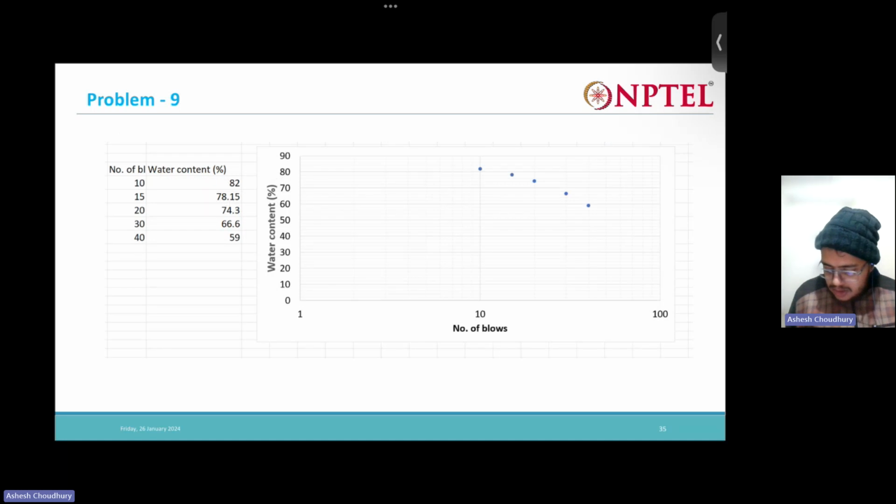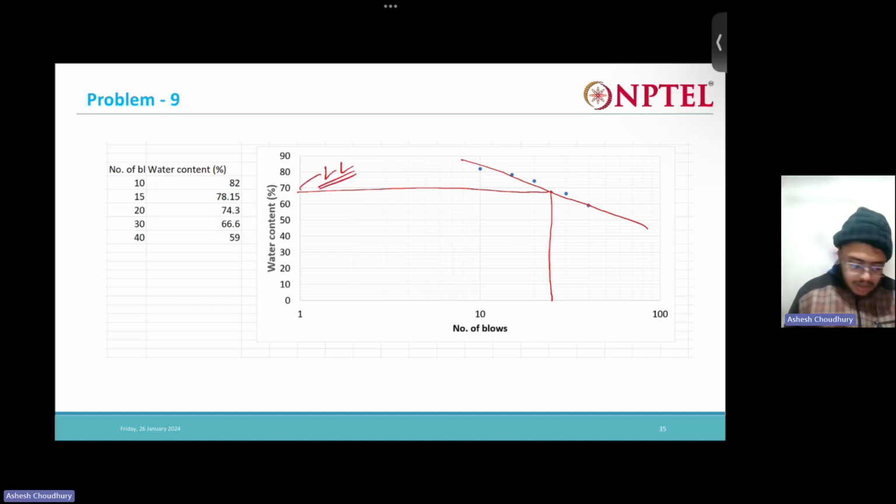We will draw an approximate line like this, and from here we get something approximately close to 70%.